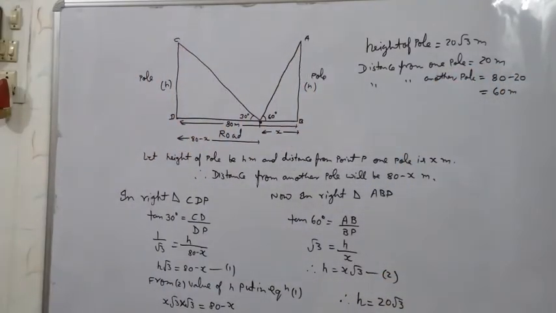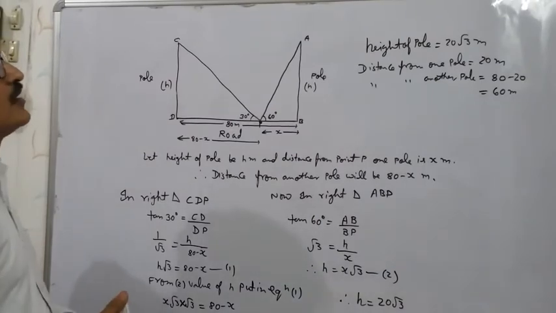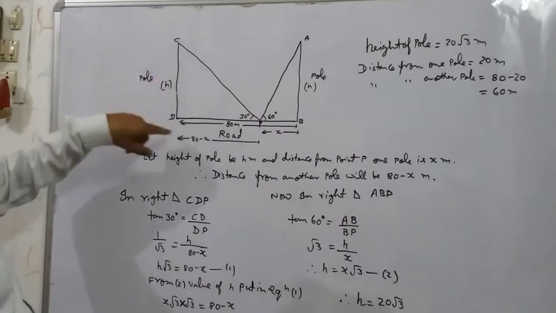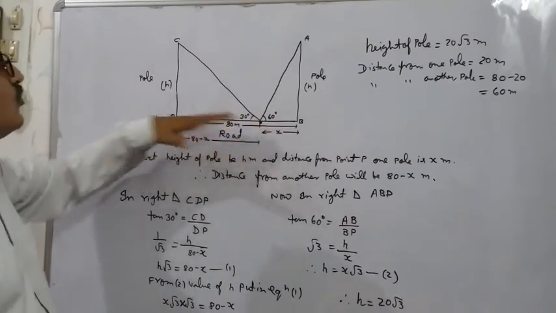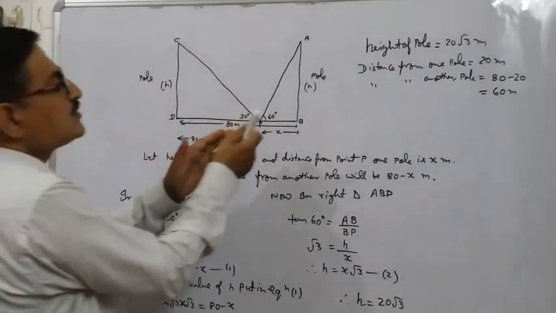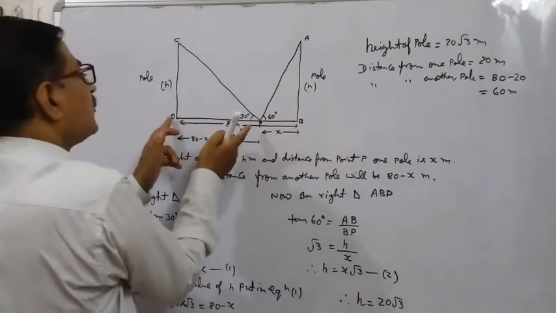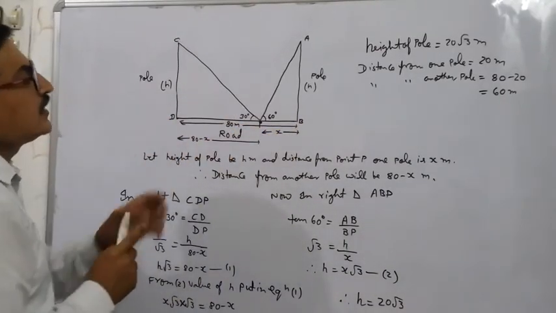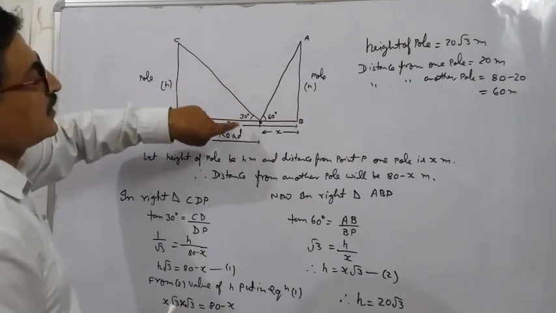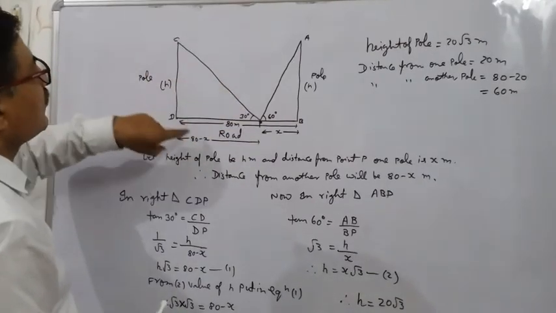Okay students, so how have we solved this? First we drew the poles and the road. The width of the road is 80 meter. One distance is x meter, then the other will be 80 minus x. Then we used the trigonometric ratio tan, because we had to find the perpendicular and base relation.